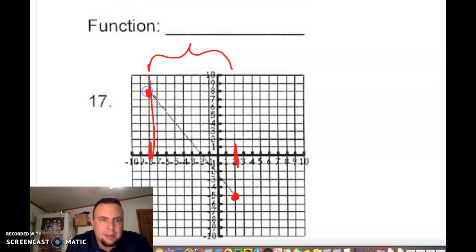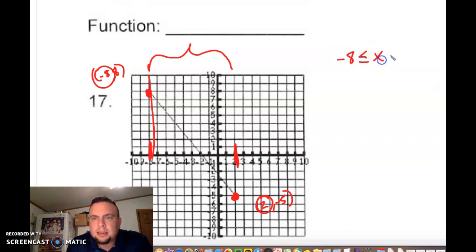Look at that coordinate, think about the x value. That's -8, something, right? -8, 8. And the other one is what? The x value is 2, -5. So the x's are only going from -8 to +2. So -8 is less than or equal to x less than or equal to +2.